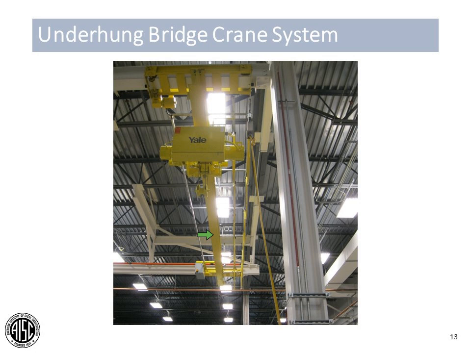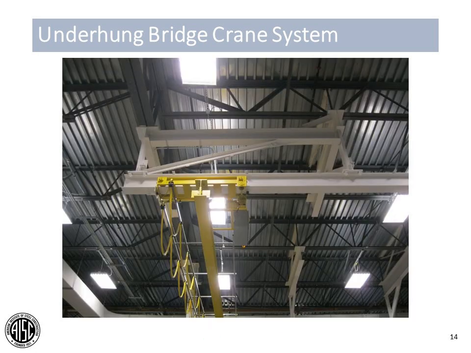You have your bridge beam, your bridge girder here spanning between the two runway members. And then looking from the other direction, you can see the end truck, and you can also see the festoon system. That's what these looped cables are. That's the electrification for the hoist and trolley assembly.